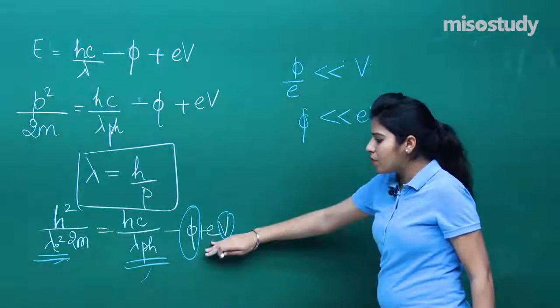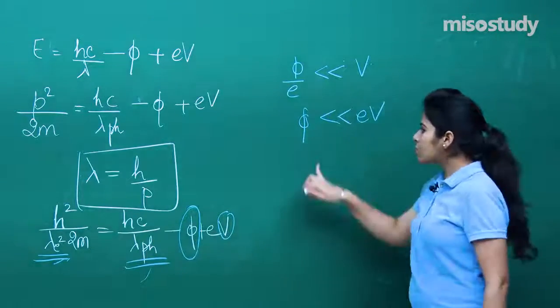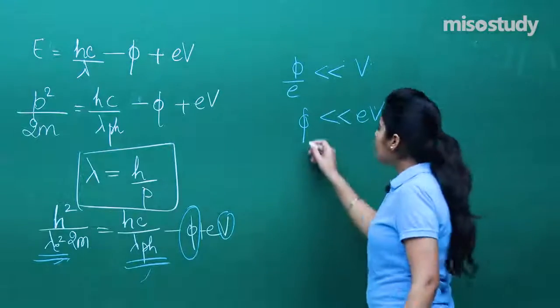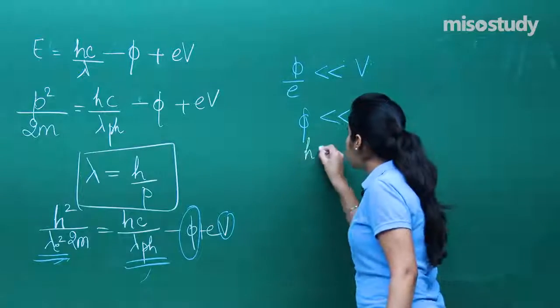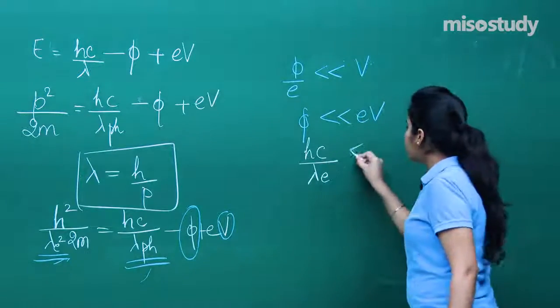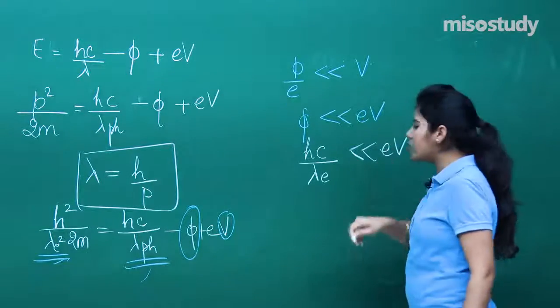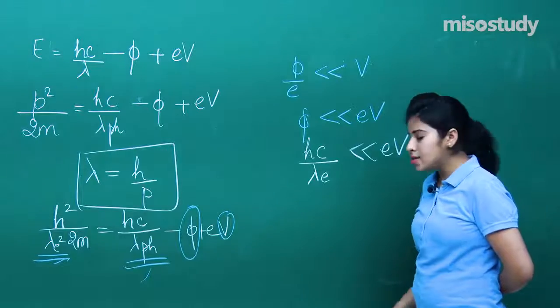Now I have eV and hc by lambda ph. Now you know that we can write this phi as hc by lambda e. So you can say that this is very much less than this eV. Now what next?